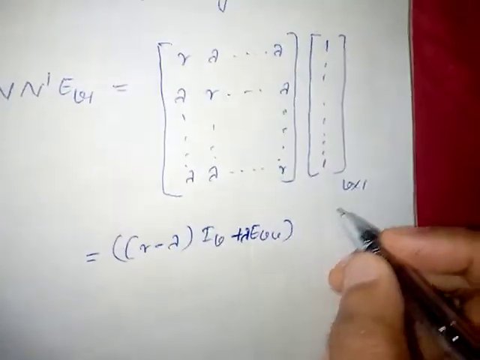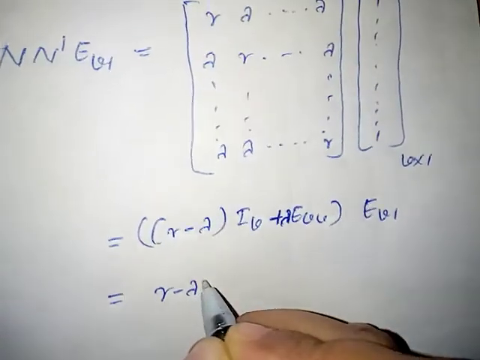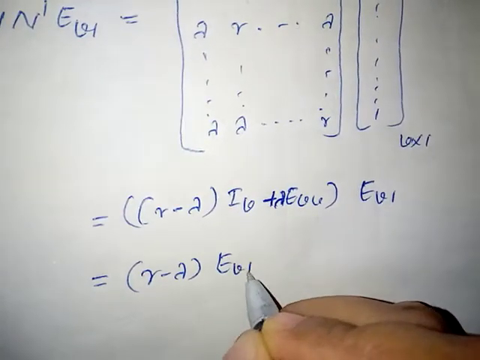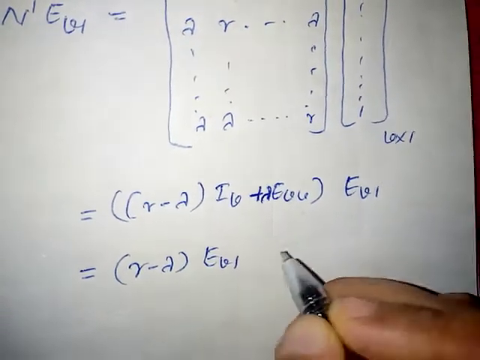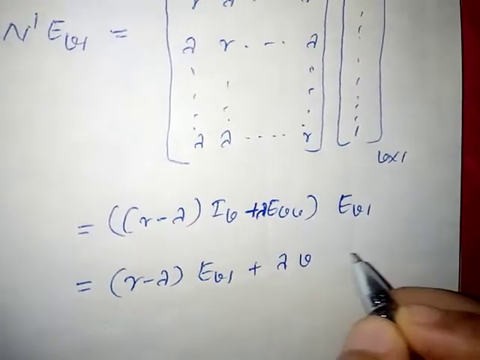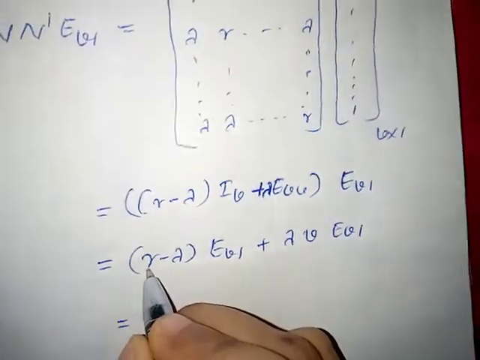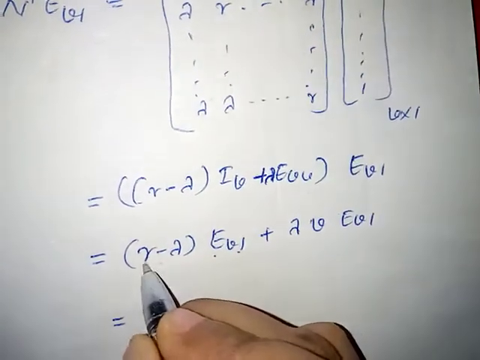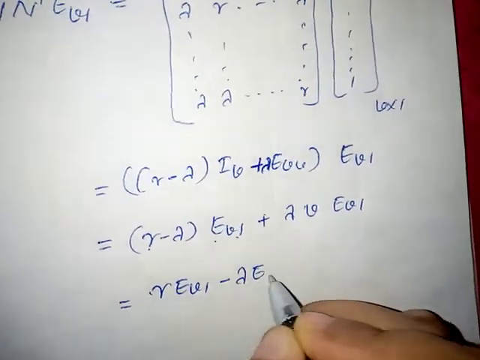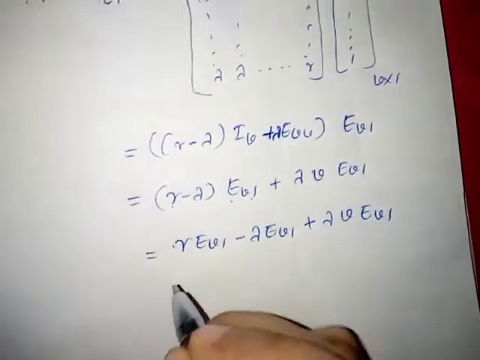And here this is E_vv, right? It is equal to (r minus lambda) E_v1 I_v, equal to (r minus lambda) E_v1 plus lambda E_vv E_v1, which we can write as lambda v E_v1. So this is r E_v1 minus lambda E_v1 plus lambda v E_v1.